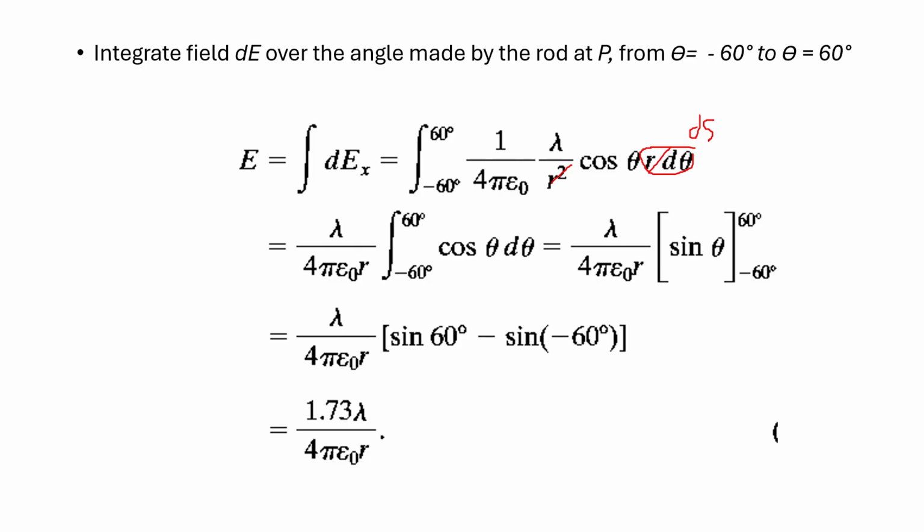Then when you solve the integral of cos theta, you get sin theta. Substitute the value of sin 60 degrees inside this theta, then you get the electric field equal to 1.73 lambda over 4 pi epsilon naught r.